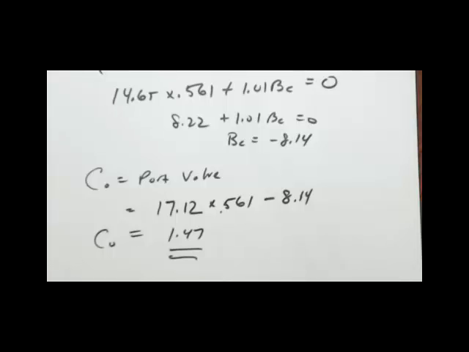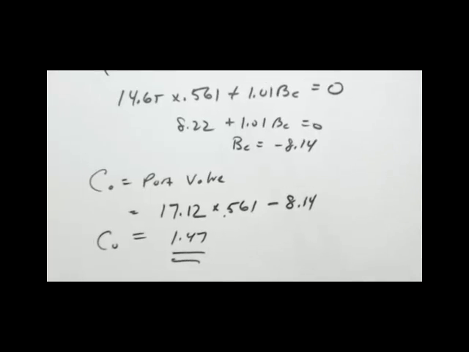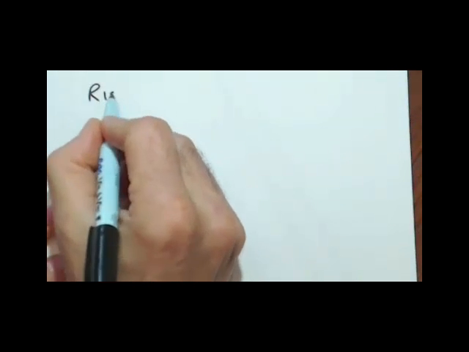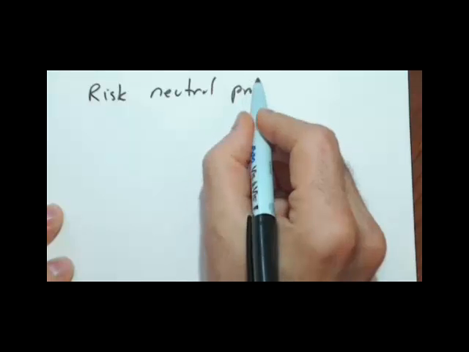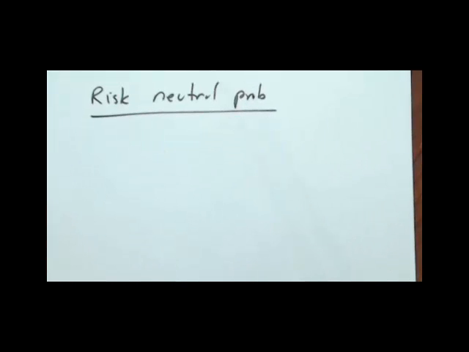Now, let me give you a little more context as to what we just did here. And the text spends a lot of time on this. I don't want to spend too much time. Risk neutral probabilities, sometimes called risk neutral pricing. What we basically did in all of this is we put together risk-free portfolios and used it to value the option. Everything in this context was risk-free, so we discounted everything at the risk-free rate.